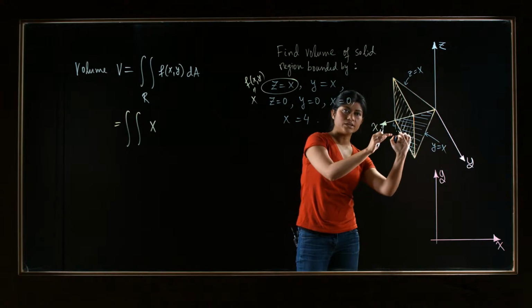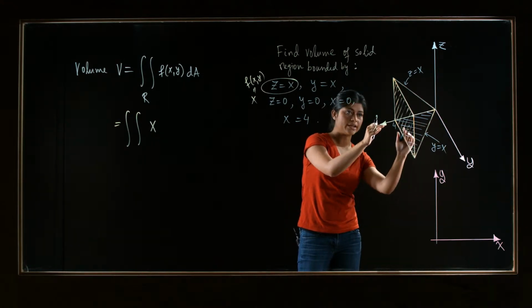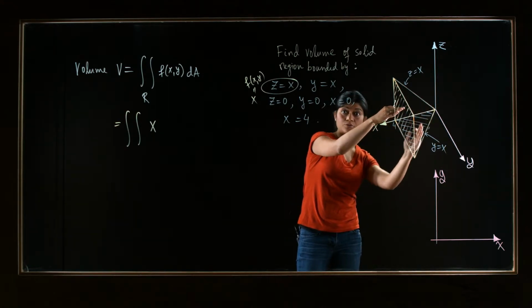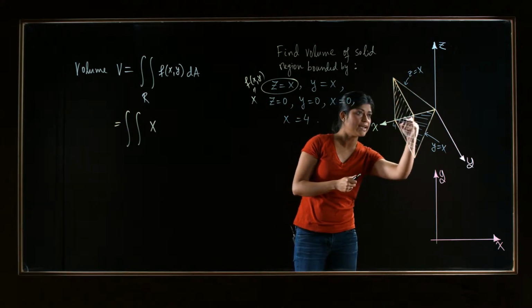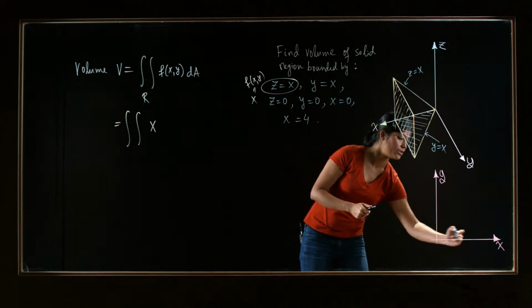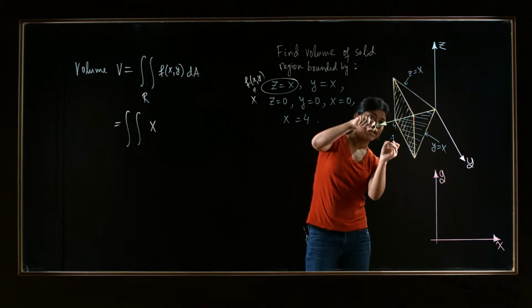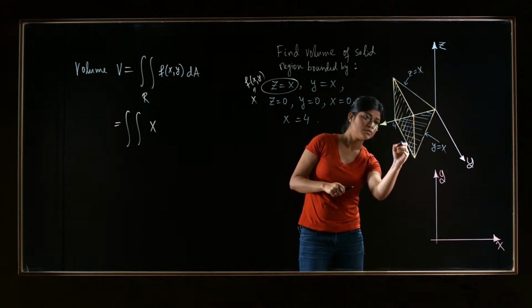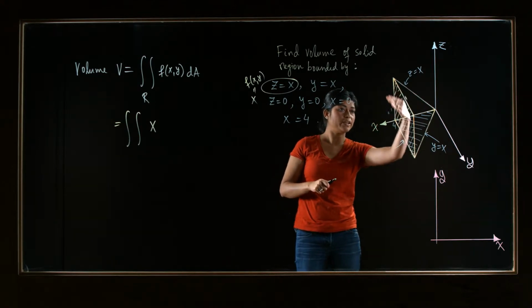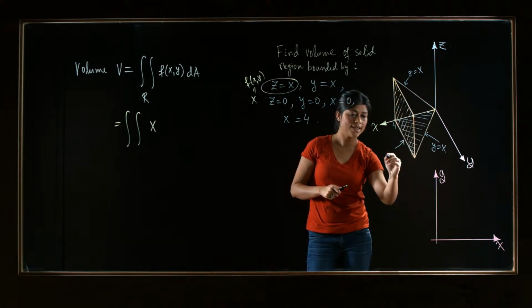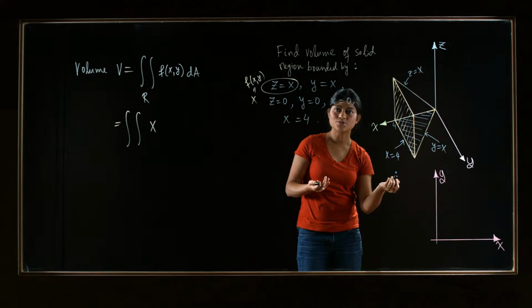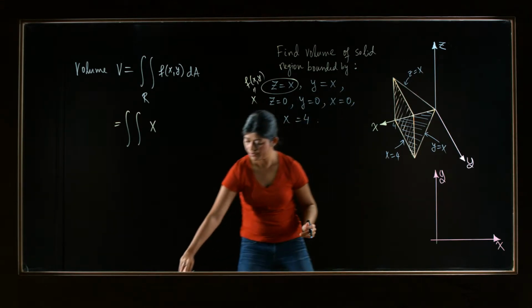So, what are the different curves that are bounding this region? So, one is the x-axis. So, let's try to graph it in the two-dimensional plane. We have the x-axis, and then what is this line? Well, this line, see, it's the plane through x equals 4. So, this line is also the line x equals 4. Okay.